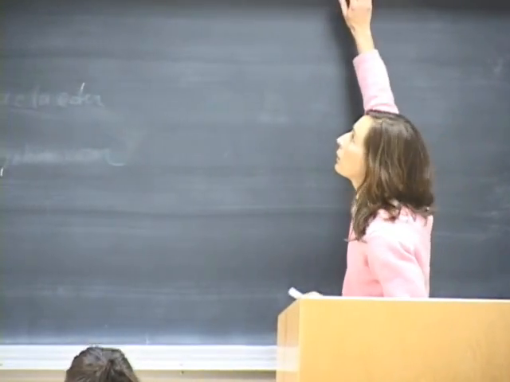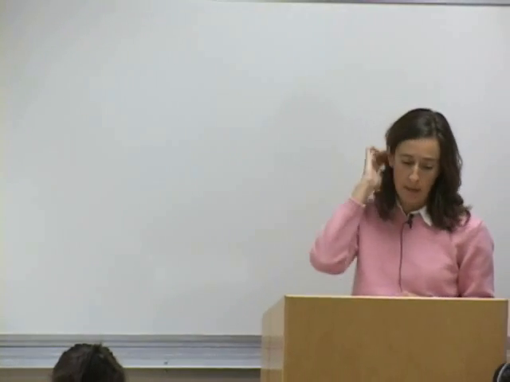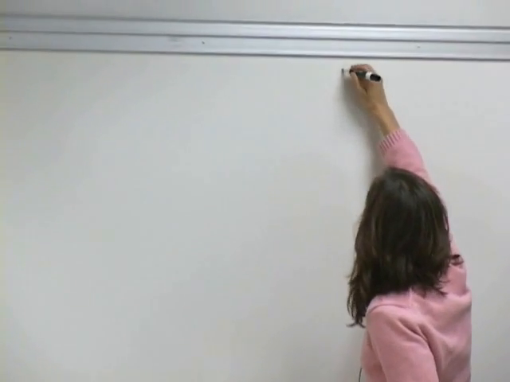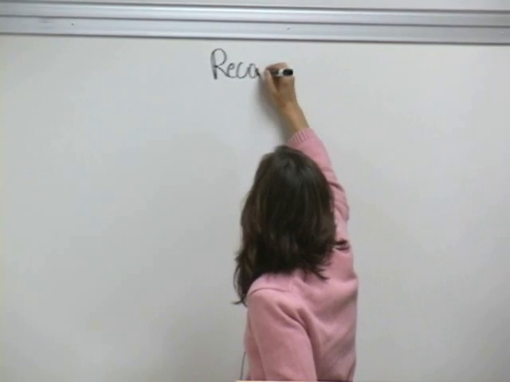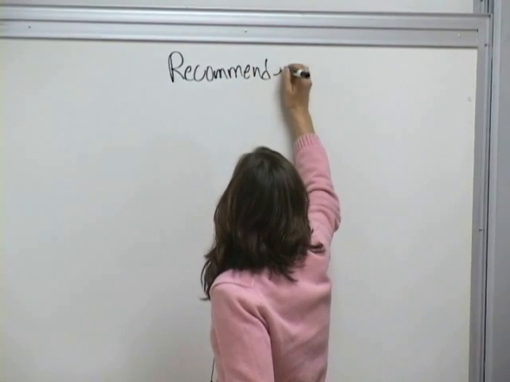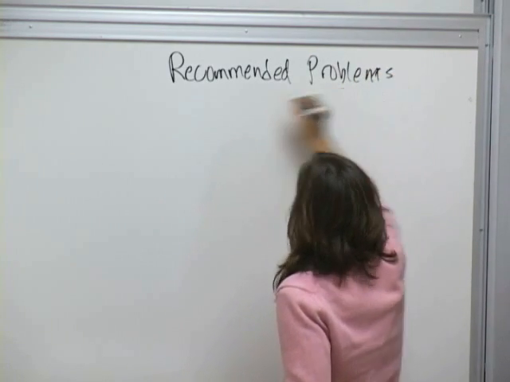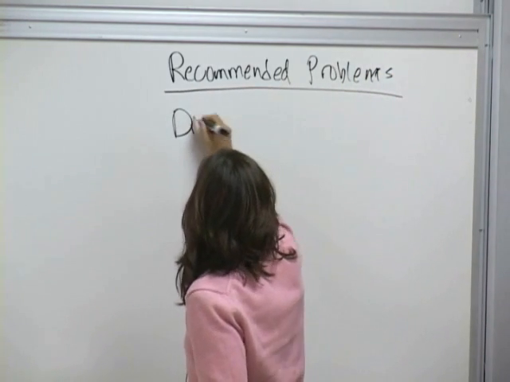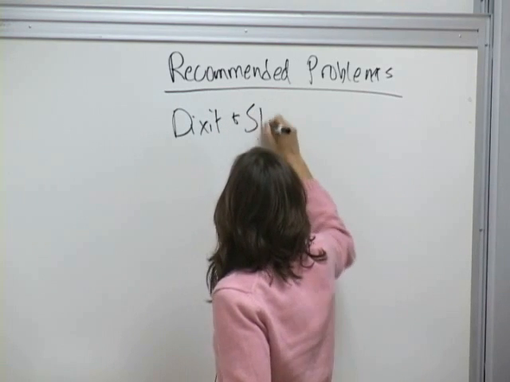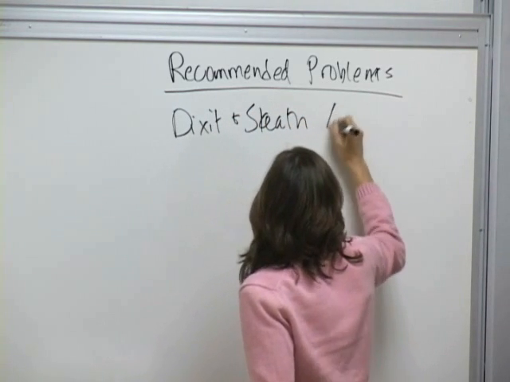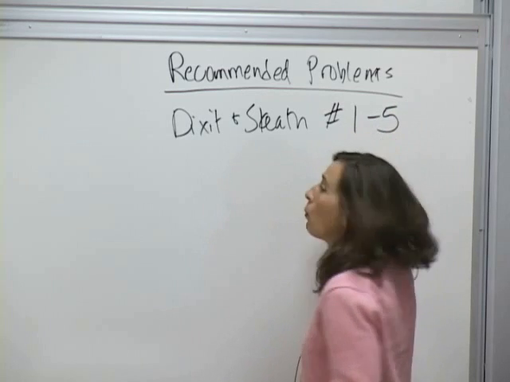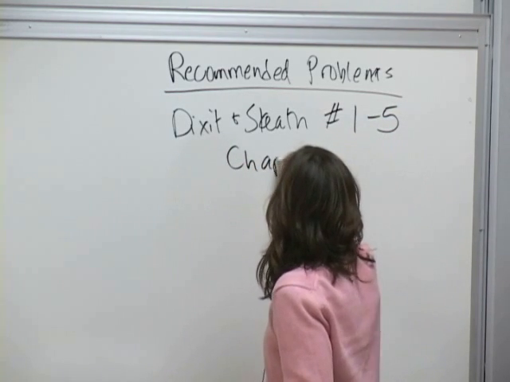Final preliminary remark, I'll put it up here. I got a request to recommend some extra problems beyond the homework. I'm doing this periodically. For where we're at right now, my recommended problems would be Dixit and Skeath, numbers 1 through 5 in chapter 3.